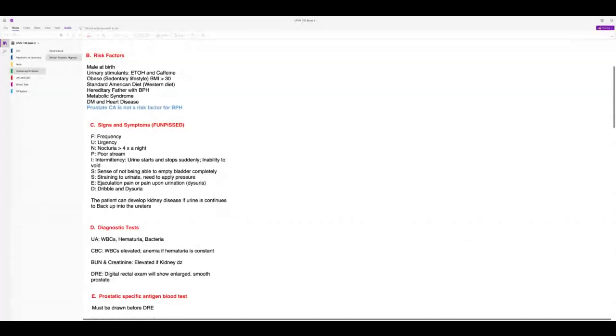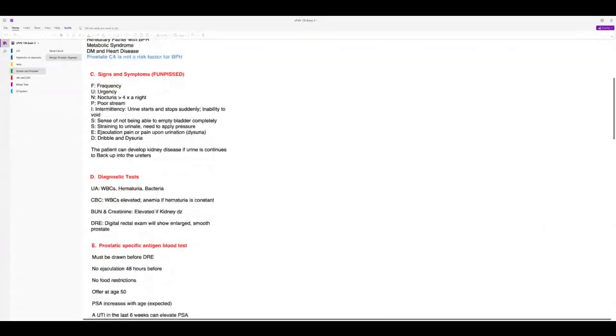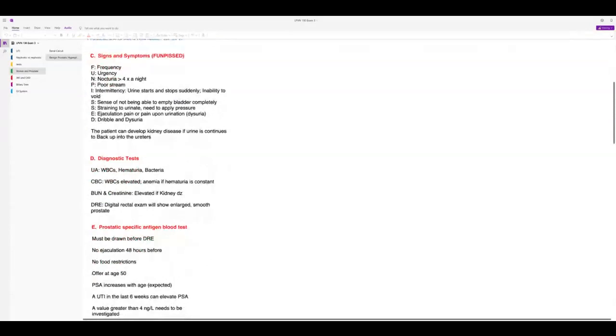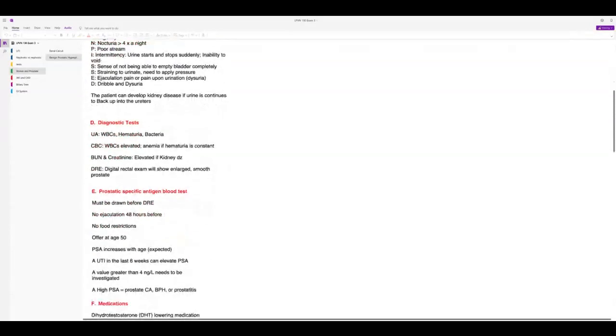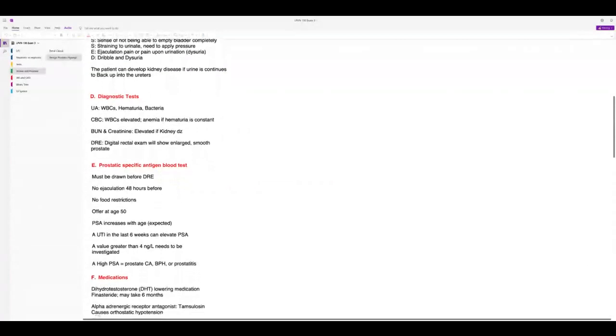Okay, the patient can get kidney disease if the urine continues to back up into the ureters. So the test they'll get, a UA, is going to show WBCs, bacteria. The BUN and creatinine will be elevated if they do have kidney disease.